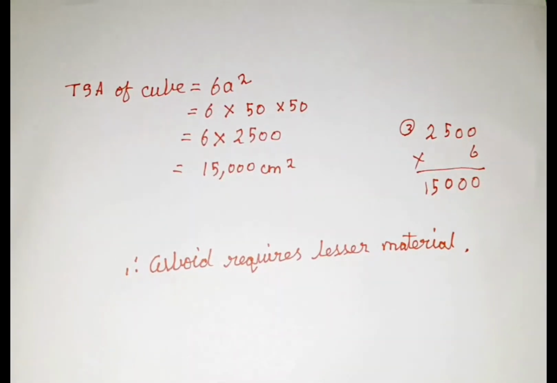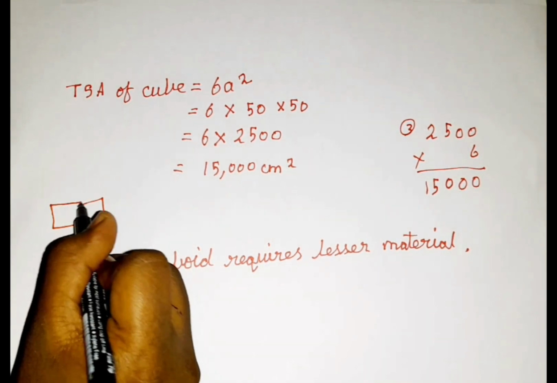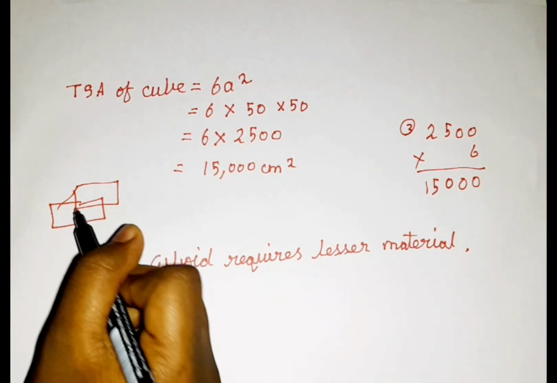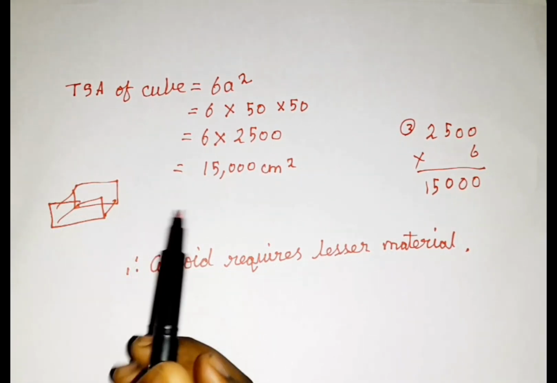Once more I'll explain you guys the TSA. TSA means total surface area. In any object, if it is a cuboid or anything, if the object is covered completely, to make the cuboid, let me draw a rough cuboid. So this is the rough one, it's not proper.